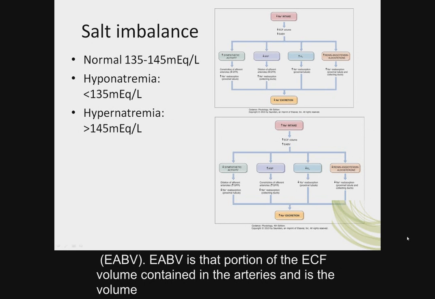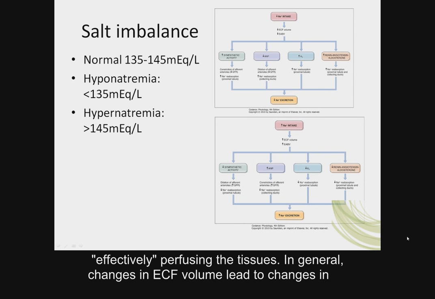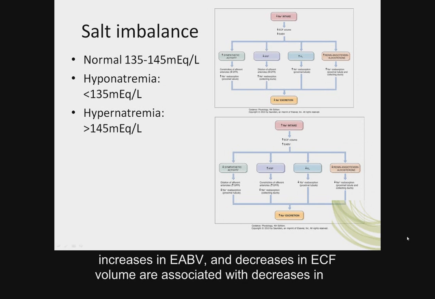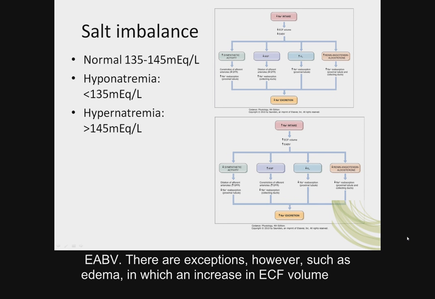A useful concept for understanding the regulation of sodium balance is that of effective arterial blood volume, or EABV. EABV is that portion of the extracellular fluid volume contained in the arteries and is the volume effectively perfusing the tissues. In general, changes in ECF volume lead to changes in EABV in the same direction.